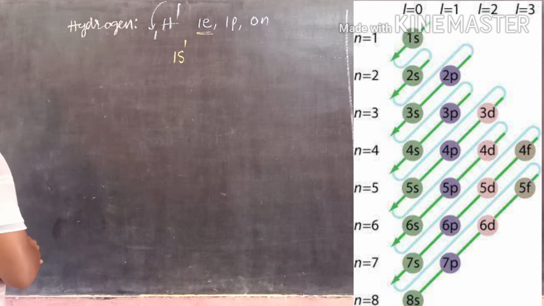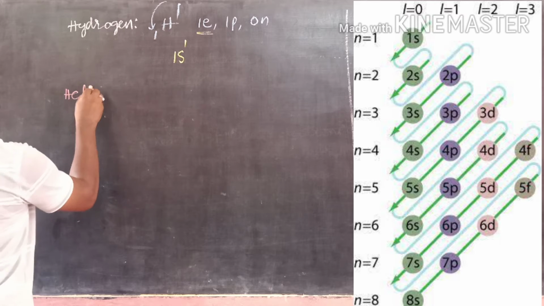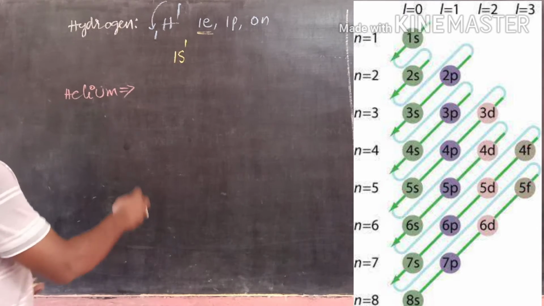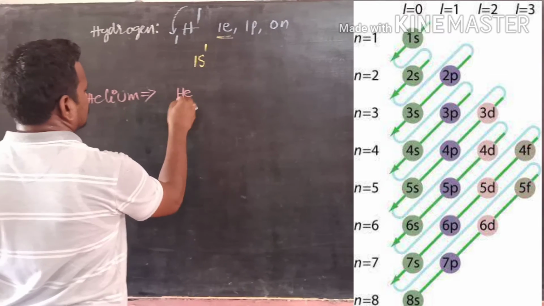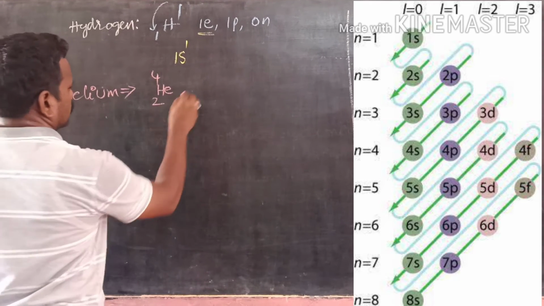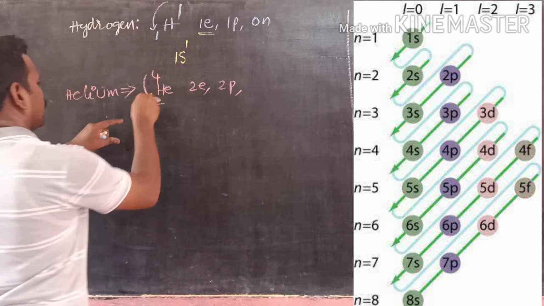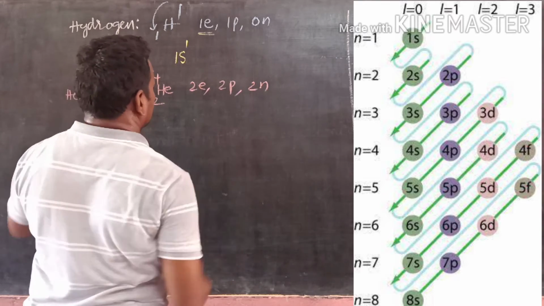Next element is helium. General representation of helium is He, mass number 4, atomic number 2. It contains 2 electrons, 2 protons, and 4 minus 2, that is 2 neutrons.